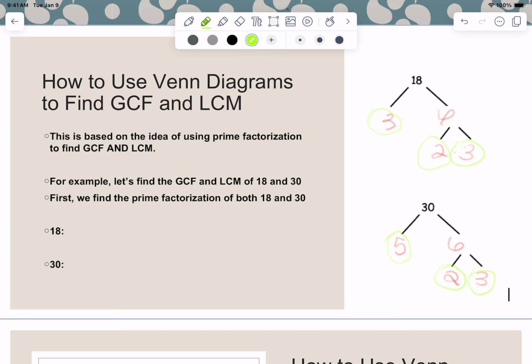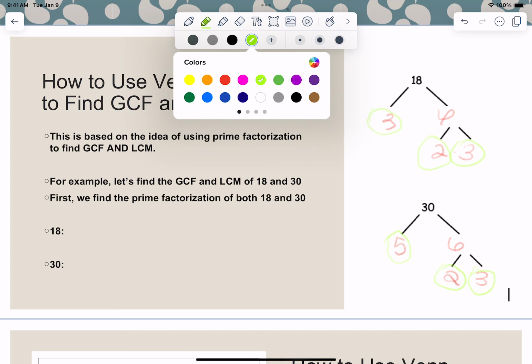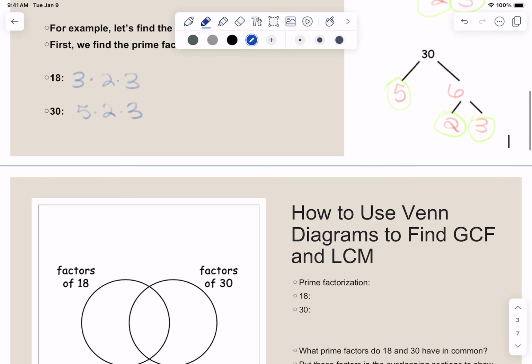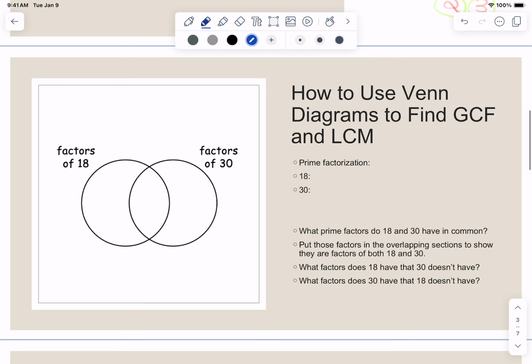And so I'm going to go over here. I'm going to list them down. I'm going to do this in dark blue so I can see it. This is going to be 3 times 2 times 3 for 18 and 5 times 2 times 3 for 30. Okay, so that gets us started.